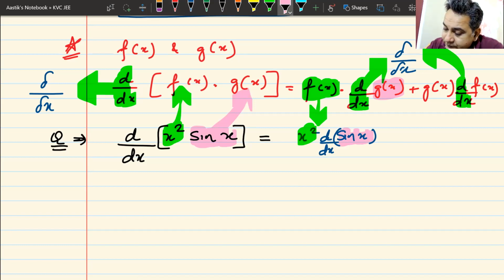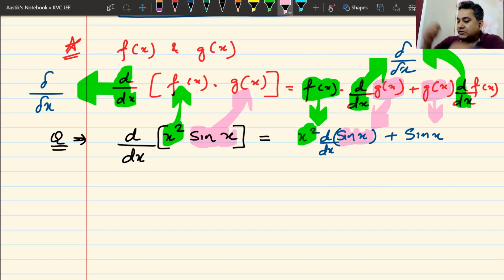Then what do I do next? Then I take the red function, which is the second function, which is nothing but sin x. I hope you are able to understand. So I'm drawing arrows everywhere, marking them out so that you are able to understand where and how the functions are coming.